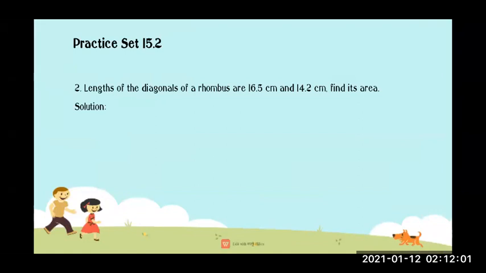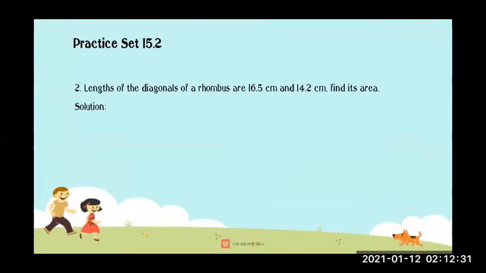What will be your first step? Now here you will chat in the chat box. What will be your first statement? I want the answer in the chat box. What will be your first statement? Yes, diagonal 1 equal to 16.5 centimeter.